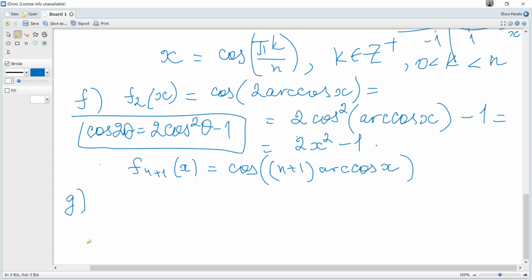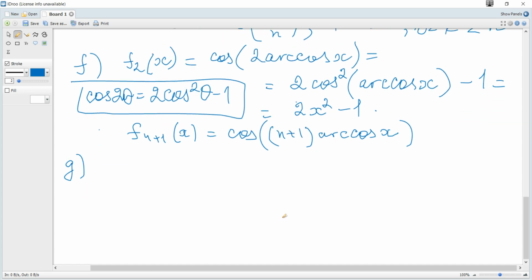G. Use an appropriate trigonometric identity to show that f_{n+1}(x) is cosine of n arccos x multiplied by cosine of arccos x minus sine of n arccos x multiplied by sine of arccos x, 2 marks.